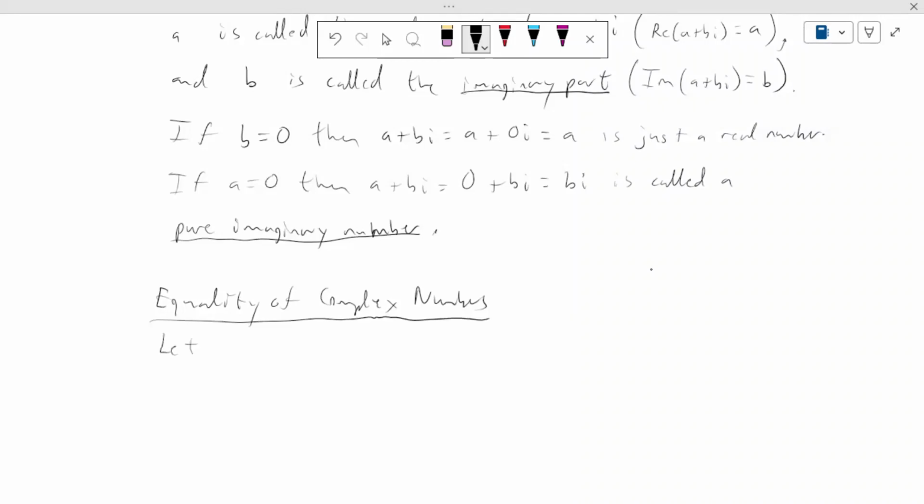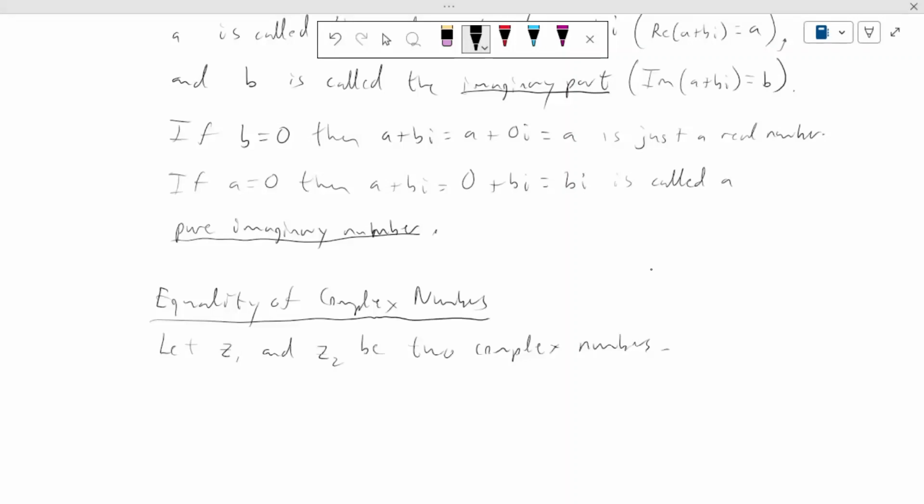So let's let Z1 and Z2 be two complex numbers. I could write them in standard form if I wanted to. Z1 could be A1 plus B1 times i, and Z2 could be A2 plus B2 times i.